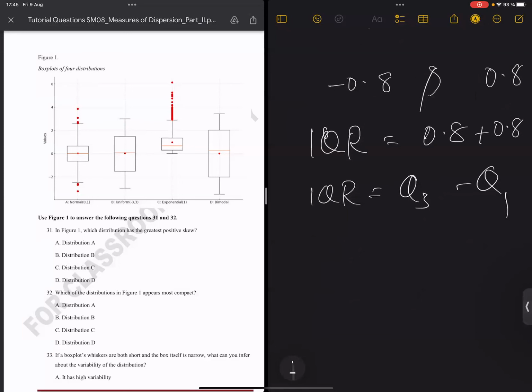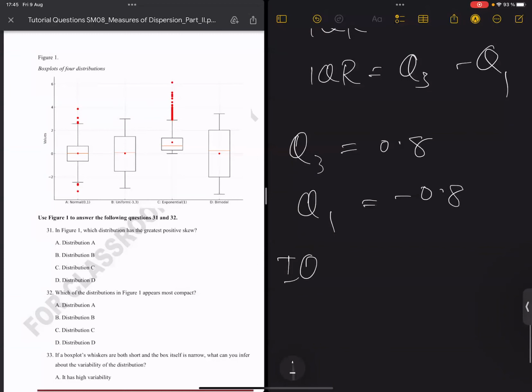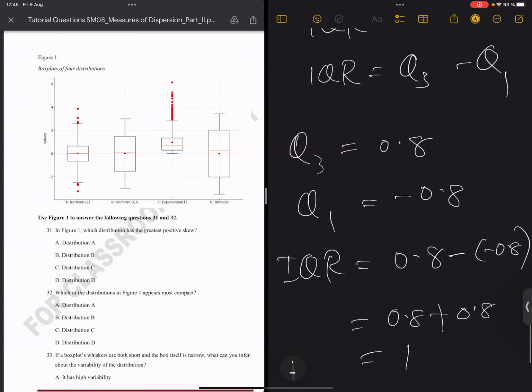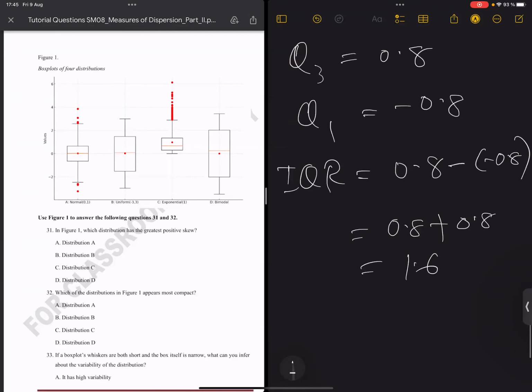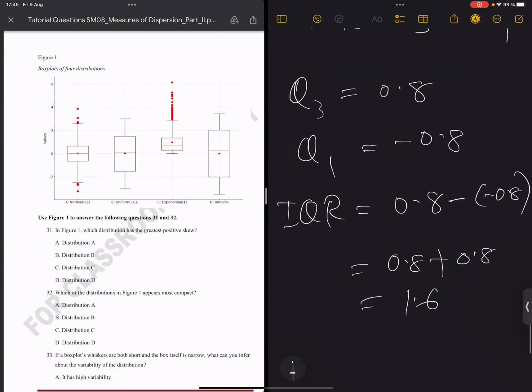So Q3 is the upper part, that is 0.8, and Q1 is the lower part, minus 0.8. So IQR is 0.8 minus minus 0.8, which is 0.8 plus 0.8. And this gives 1.6.